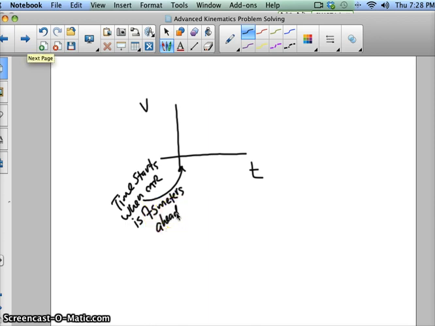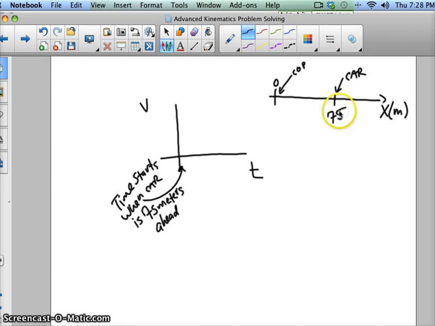And this is a velocity time graph, so this graph doesn't show us positions. But if I were to draw a number line showing this, I'd have the cop at 0, and then the car is at 75 meters.